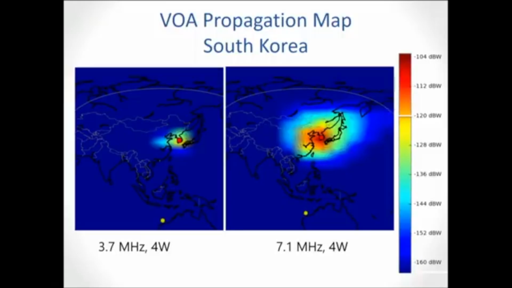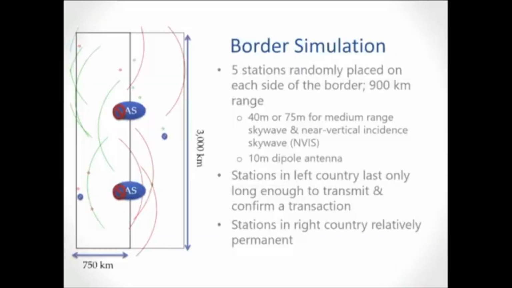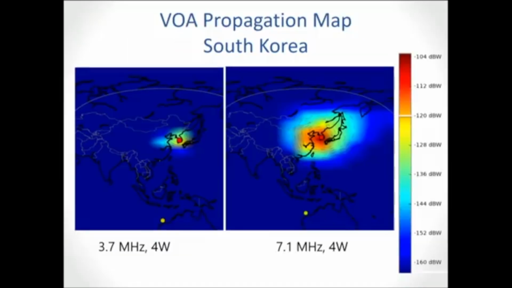And in terrible conditions, we can just about reach across the border. I assume that the noise floor is actually lower in North Korea because they don't have a lot going on over there. But in good conditions, we can easily broadcast from South Korea to Beijing.